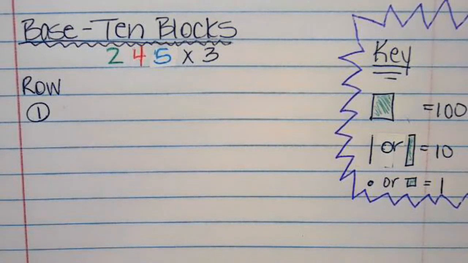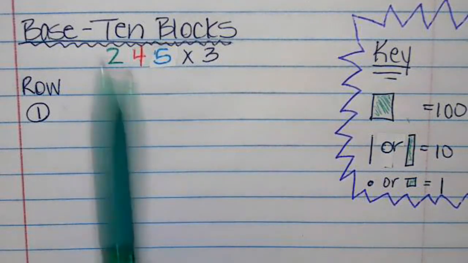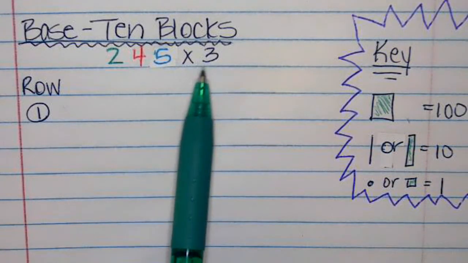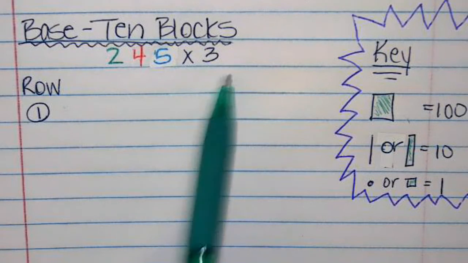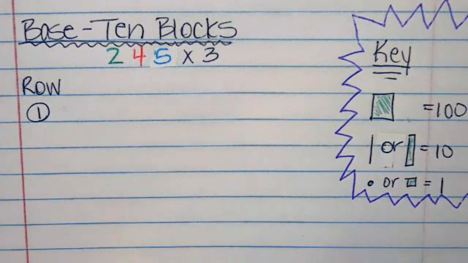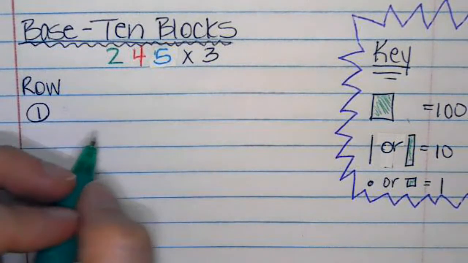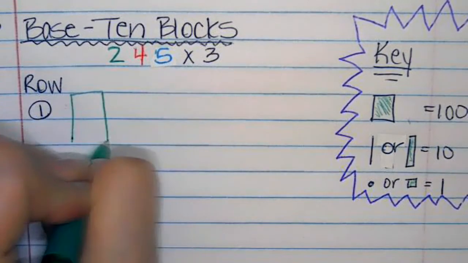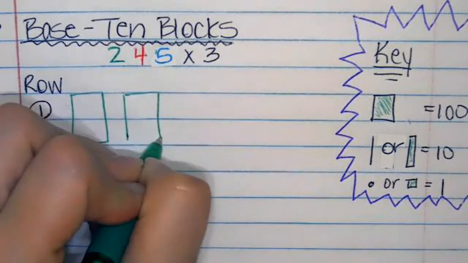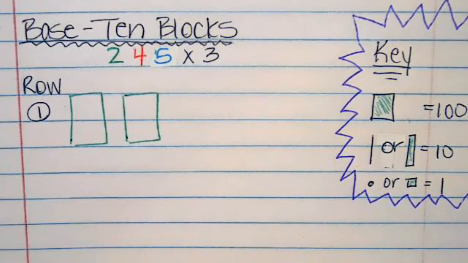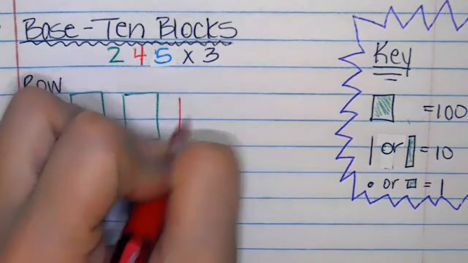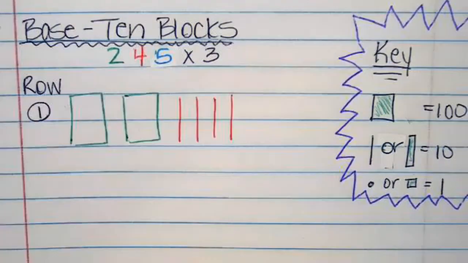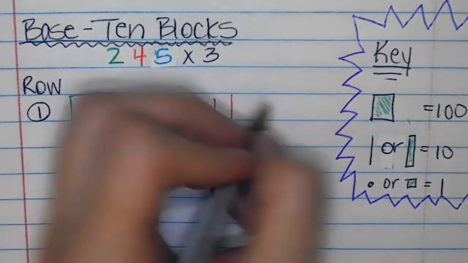When solving this problem with base 10 blocks, we're going to need to draw the number 245 in base 10 blocks, and do that in 3 rows. So in row 1, I'm going to draw 245. That looks like this: 2 squares, 4 tens, and 5 units.